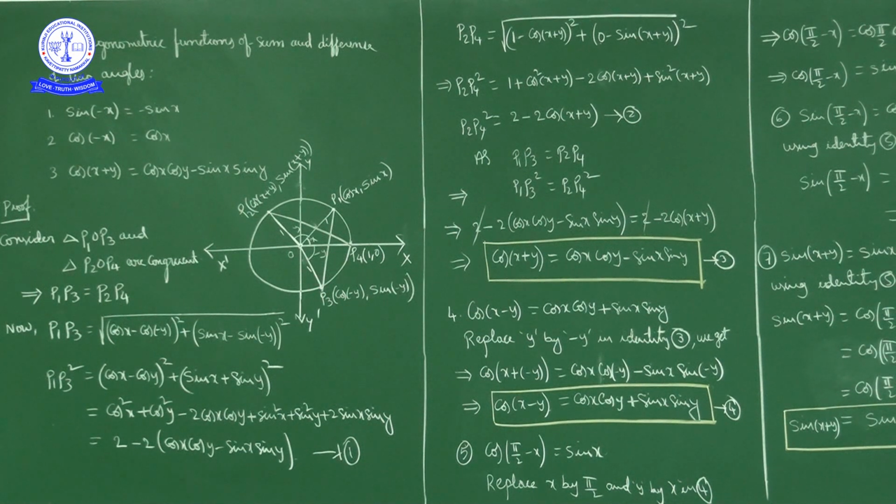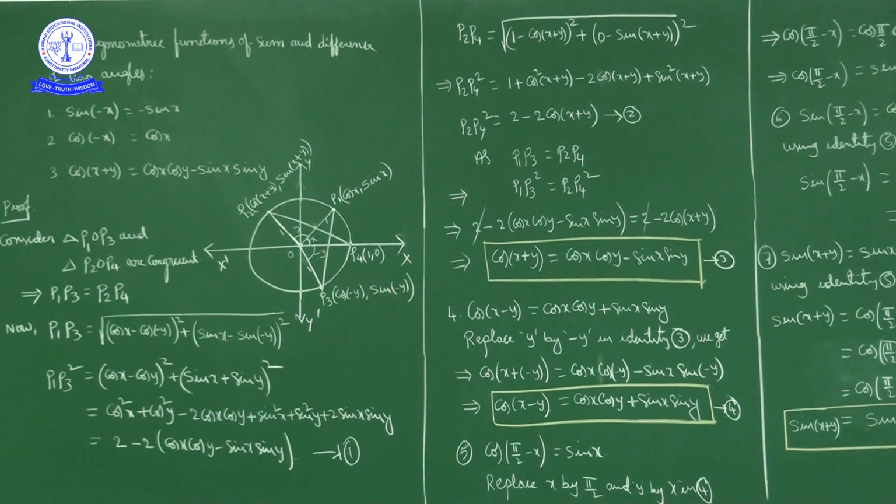Two sides and the included angle of one triangle are equal to two sides and the included angle of the other triangle, so the two triangles are congruent by the SAS congruence criterion. So triangle P1OP3 and triangle P2OP4 are congruent triangles.